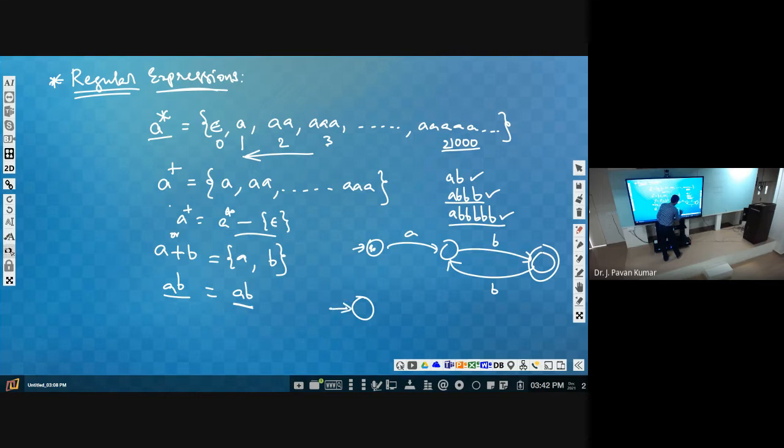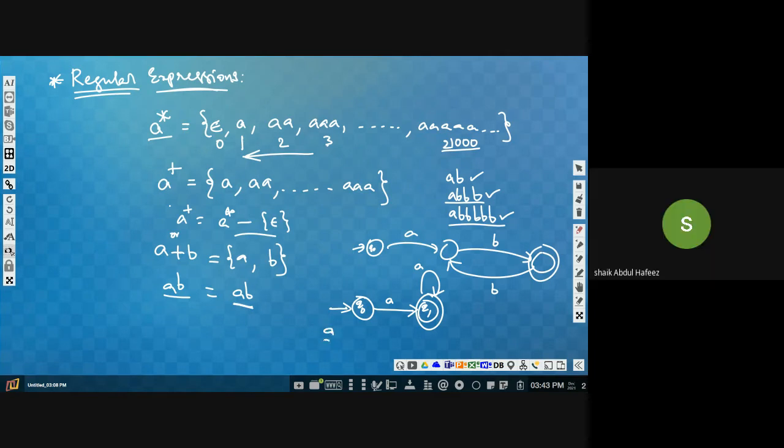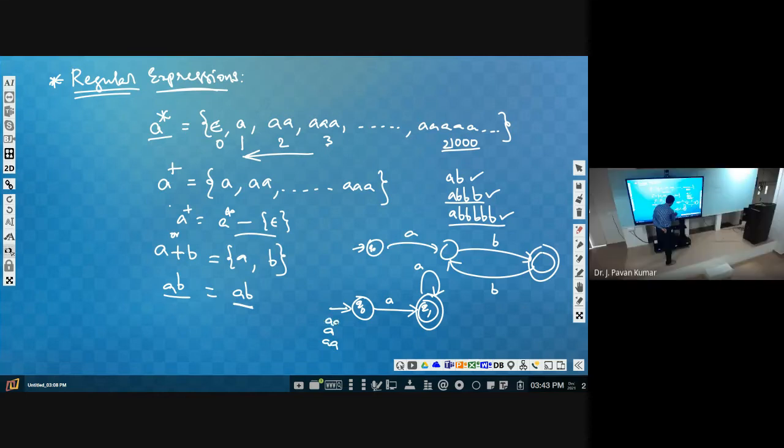This is the initial state, and we have one final state, simple thing, and we have A, and here also A. What kind of strings will this particular finite automata accept? A will be accepted or not? Yes, sir. Any number of A's is accepted.